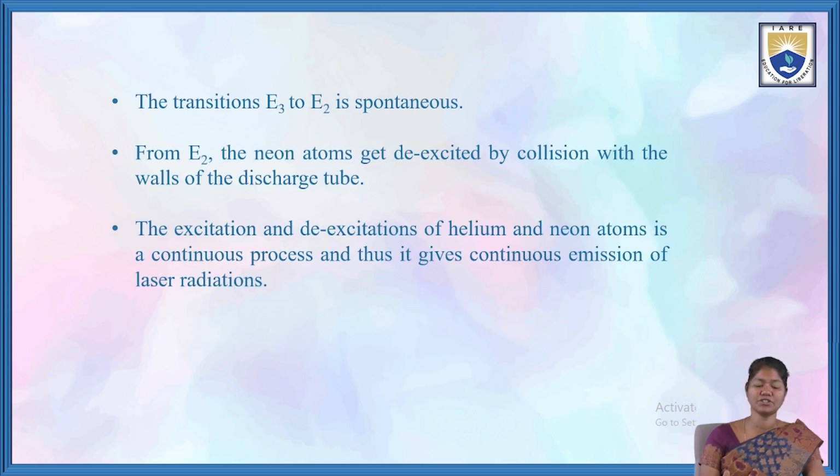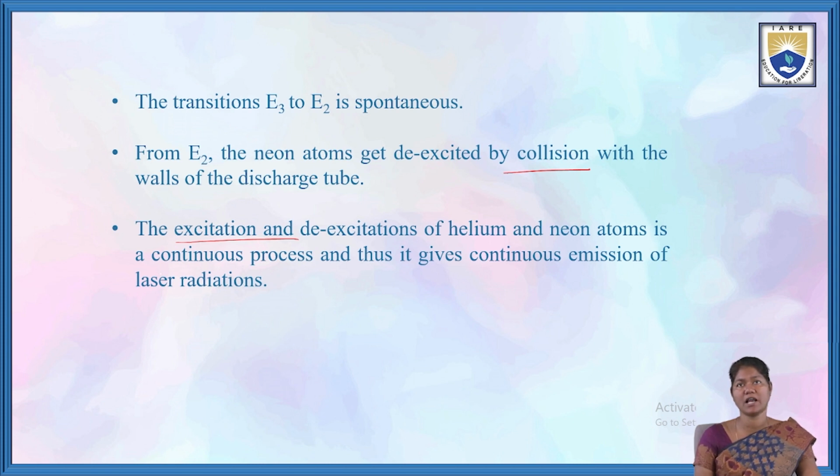The transition from E3 to E2 is spontaneous. From E2, the neon atoms get de-excited by collision with the walls of the discharge tube. So the excitation and de-excitation of helium and neon atoms is a continuous process, and thus it gives continuous emission of laser radiation.